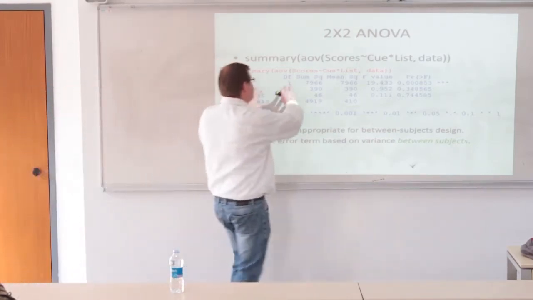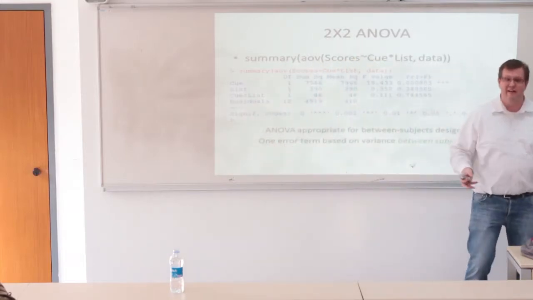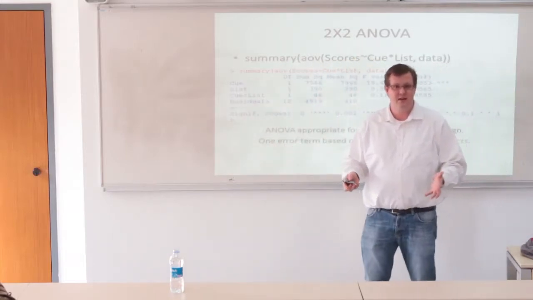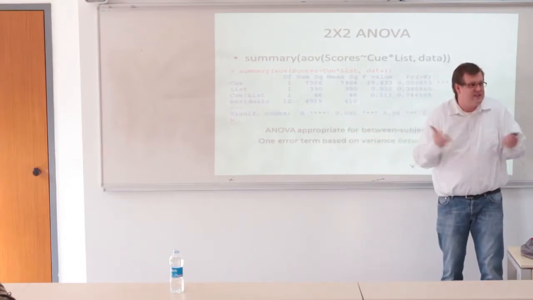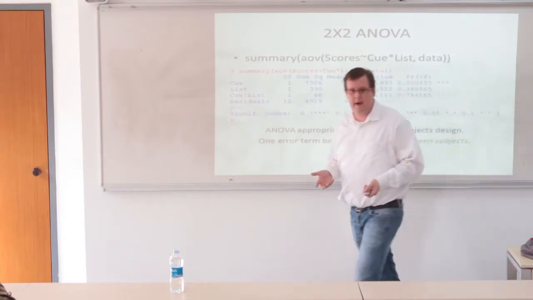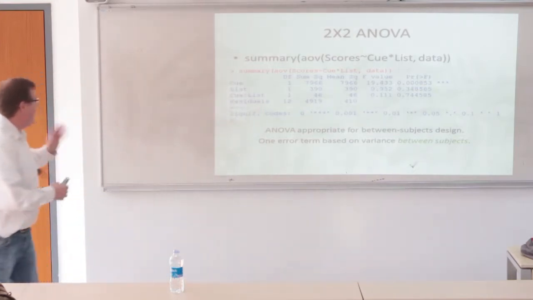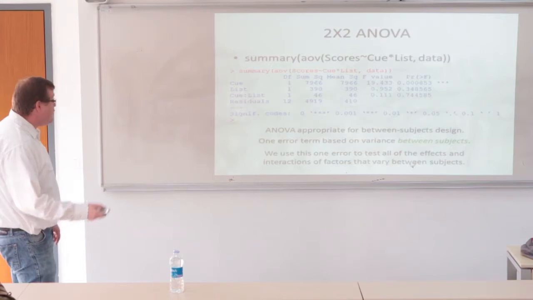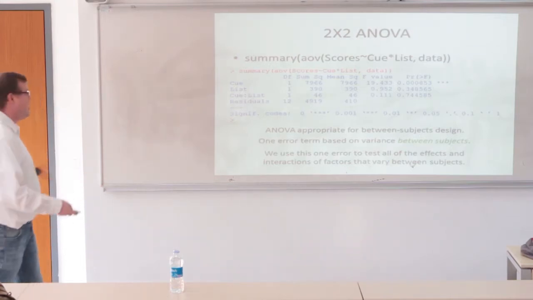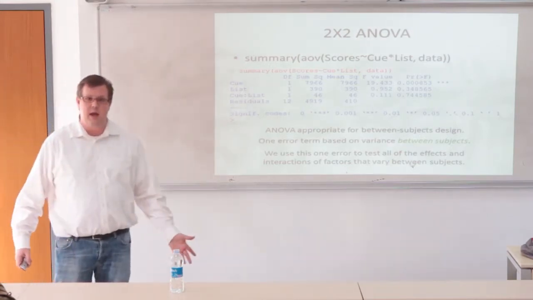In fact, in the between subjects, the only things that are varied are between subjects. So this error term has to come from between subjects variability. Okay? So we have one error term that's based on variations between the subjects. And we use this single error to test all of the effects and the interactions that we might have.